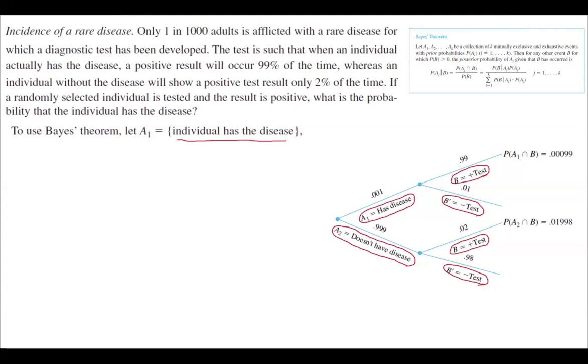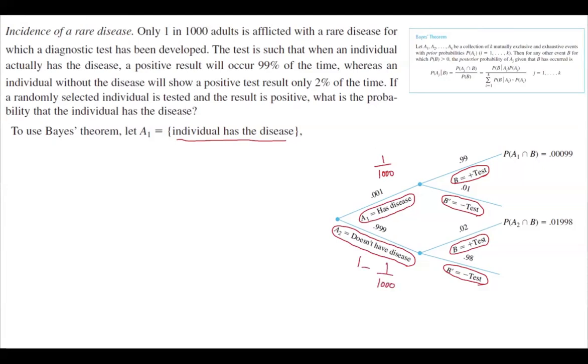So the probability that the person has the disease is 0.001, 1 in 1,000. And the probability that the person doesn't have the disease is 0.999, 1 minus 1 over 1,000.